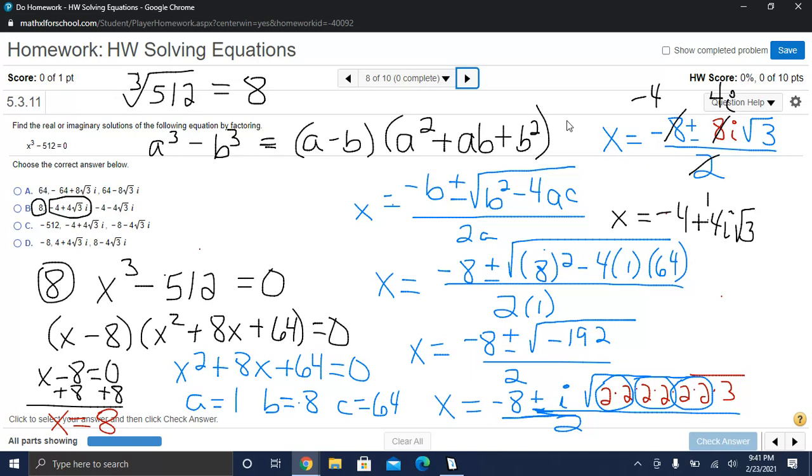Now they put the i after the square root, and then the negative 4 minus the 4 square root 3i. And so my choice would be answer choice B. There is a great deal of work that you need to show on this, so make sure that you show the steps, not only for the formula, but also for solving the quadratic. That will be the largest problem you'll have to do.